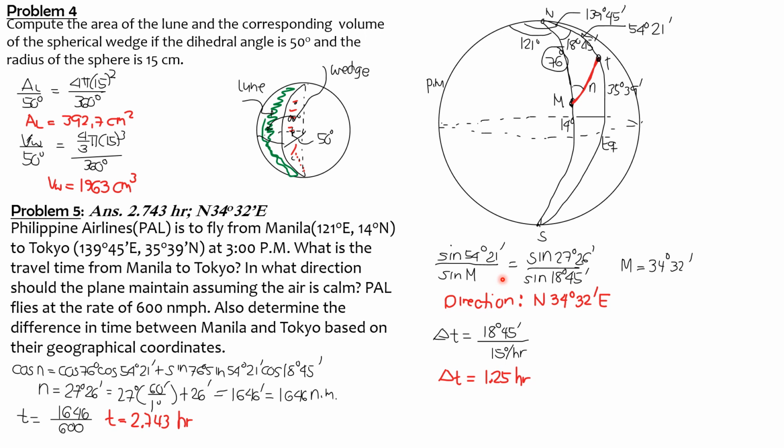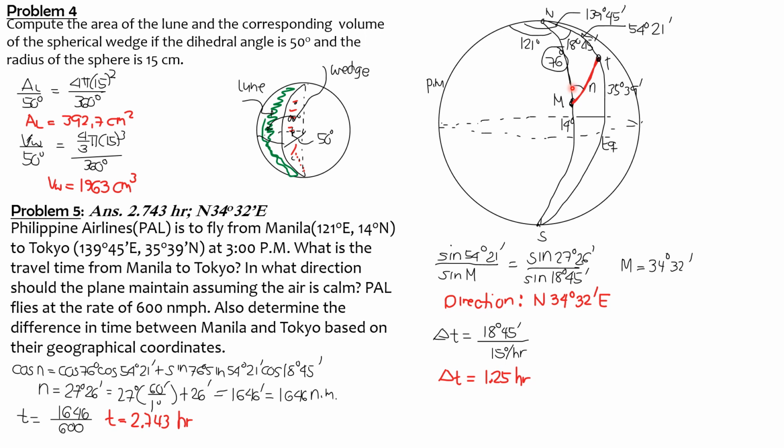And 15 degrees, or distance between meridians, corresponds to 1 hour. So to solve for this angle M, because the bearing is north, this angle degrees east, we apply sine law this time because we already solved for n, and we anticipated that this angle is acute.